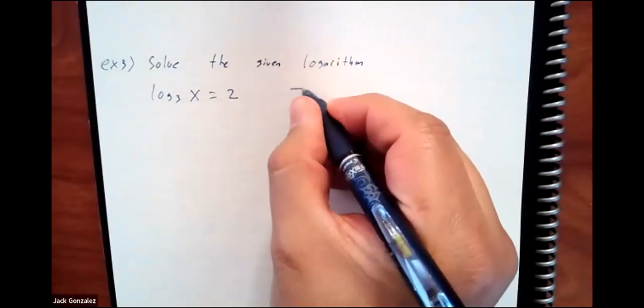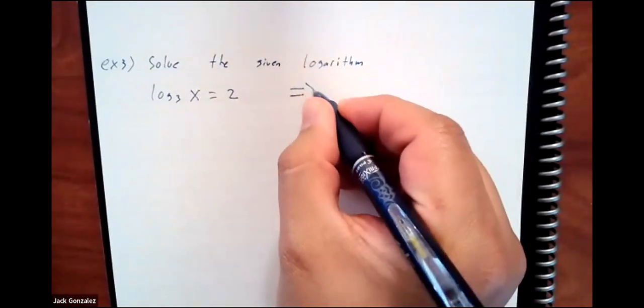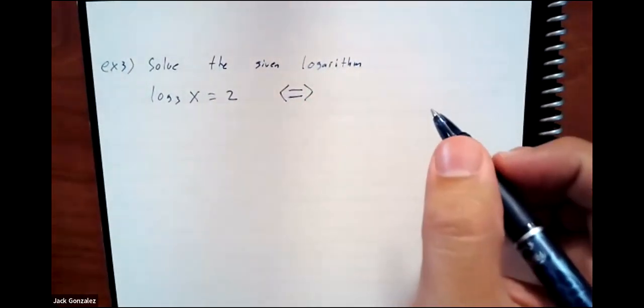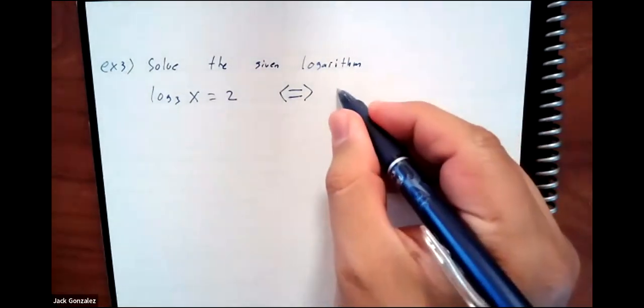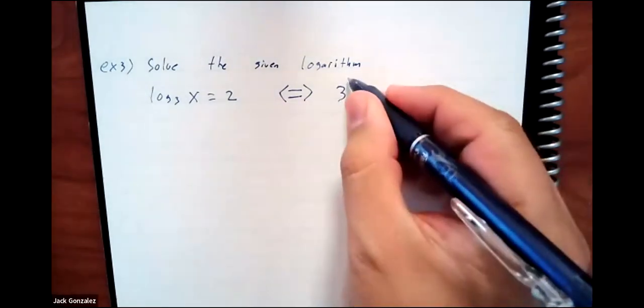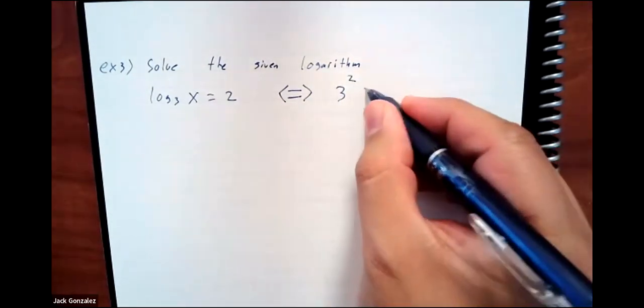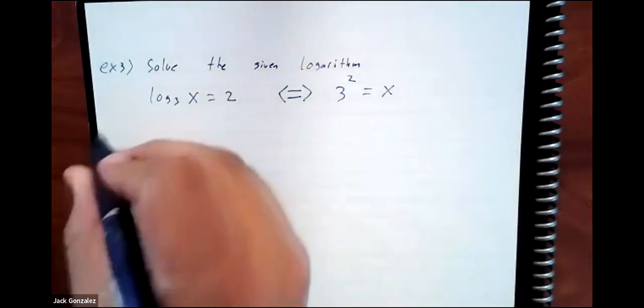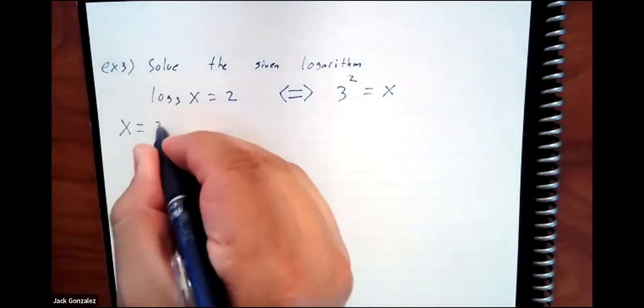So what is the base that we have? Yeah, it's going to be 3. What is the power? Yeah. And it's equal to the argument, right? So just solve it. So what is x?